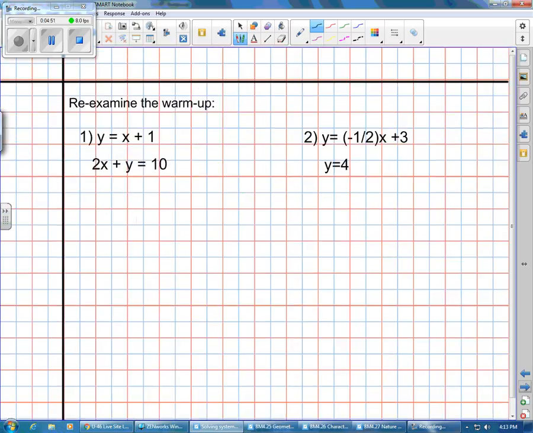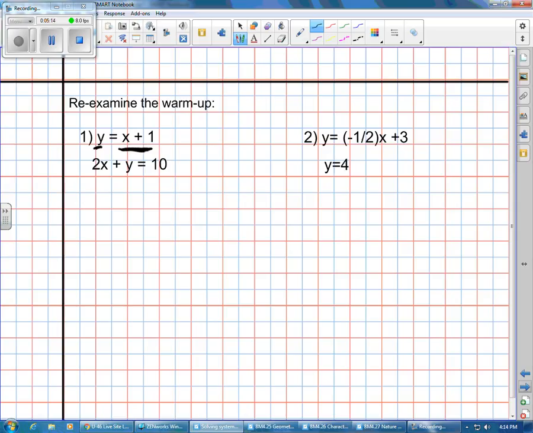So we're going to look at the same equations that we just graphed. And what we're going to do is learn a new alternative method for solving the system. When you have one or both of the equations that say y equals or even x equals, you know that that variable is equal to whatever it says.